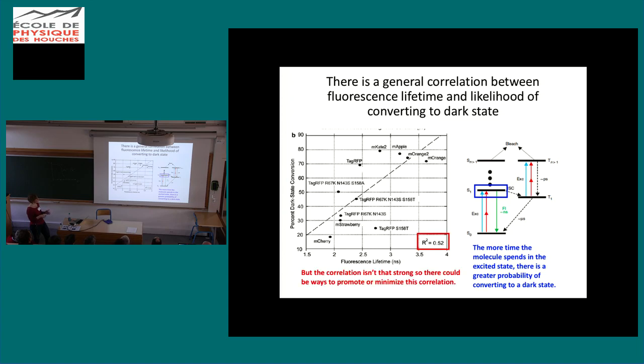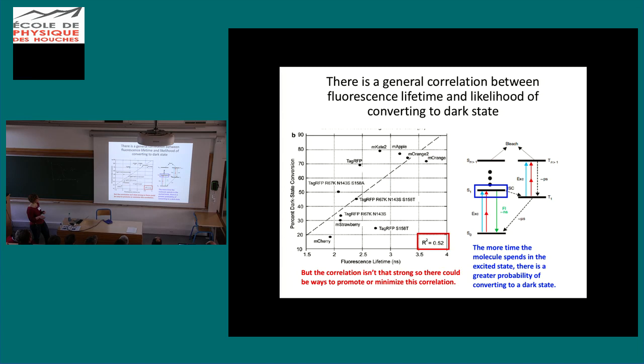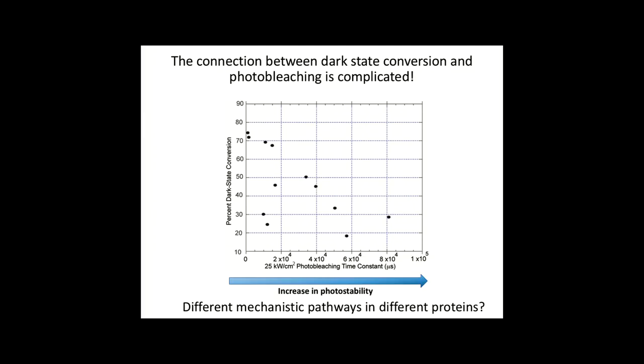Which is not surprising, but the correlation is actually pretty weak. So what the correlation suggests is that there might be ways to promote or to minimize this correlation. So if you want to promote dark state conversion or prevent dark state conversion, you might be able to do that without manipulating the lifetime too much. Okay.